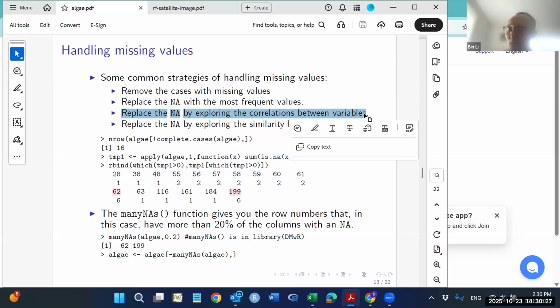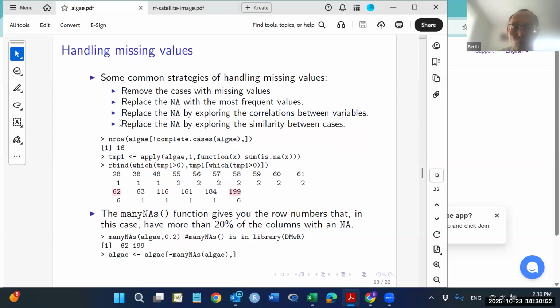If some observation has a missing value on x1 but does have information on x2, then we can utilize this high correlation between x1 and x2 to impute the missing value in x1 based on the value from x2. Does that make sense? So that is the situation in which we can use that.